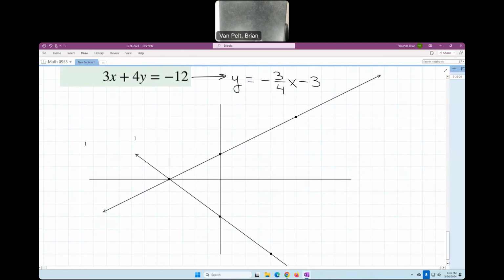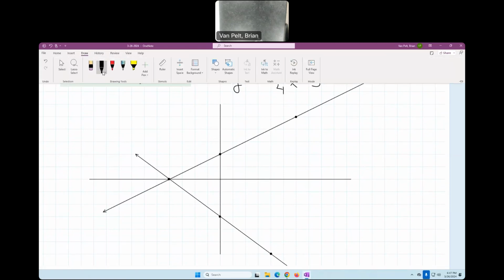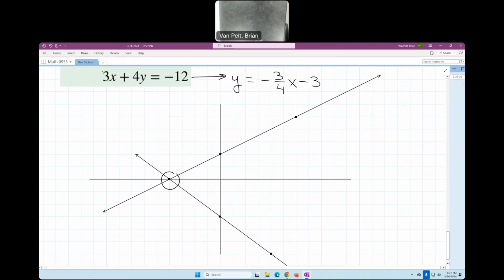Our intersection place is -4, 0. There's our answer. To give your answer is an ordered pair usually.